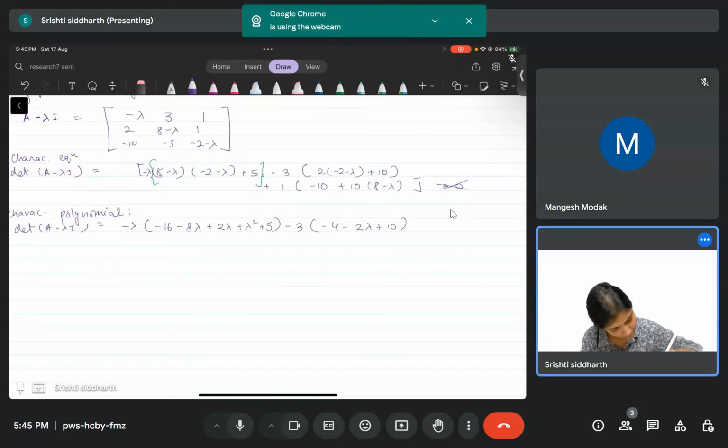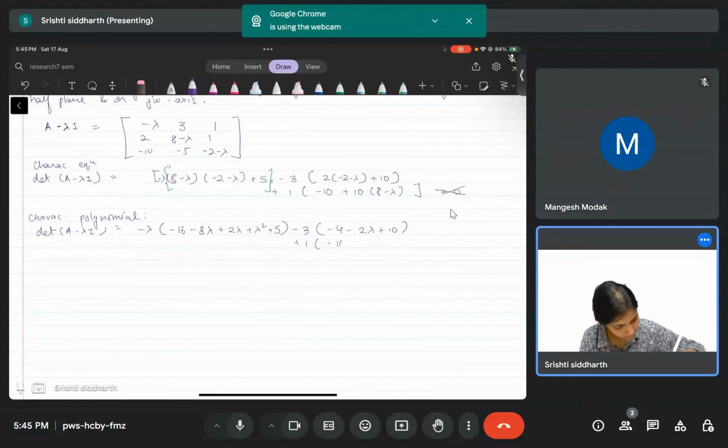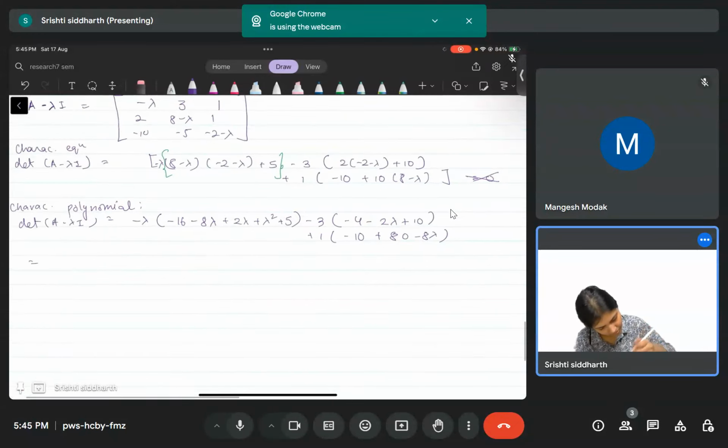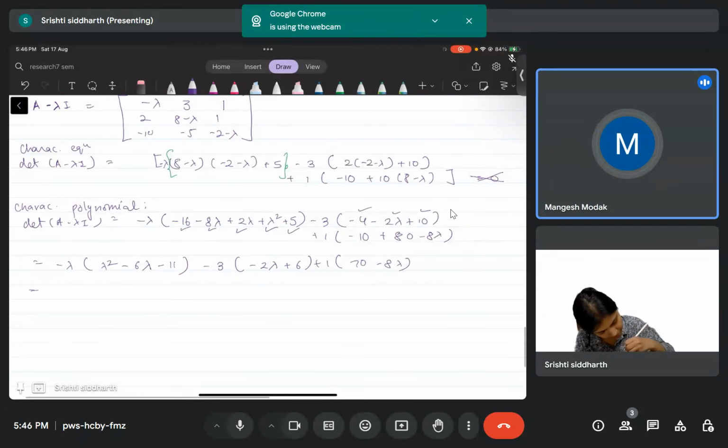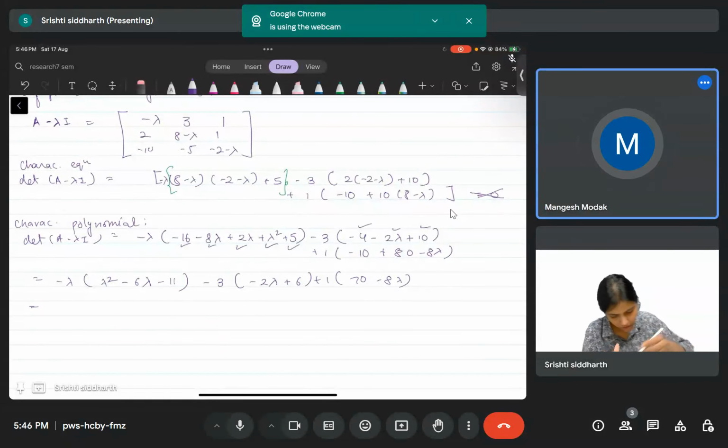This is straightforward, so let's simplify this. Minus lambda cubed, minus lambda squared, minus 6 lambda, minus 7, minus 2 lambda, and then plus 6, minus lambda.